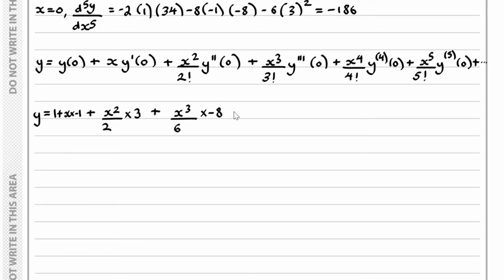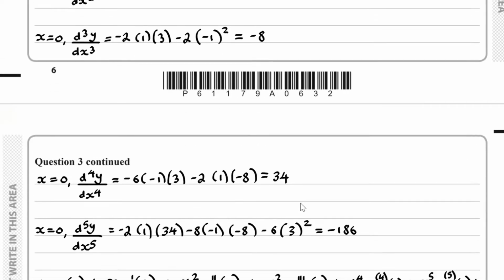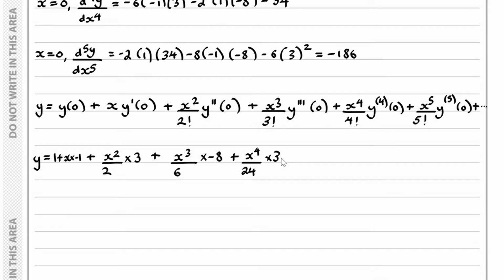Anyway, for the next one we have x to the 4 over 24, and then we multiply this by the fourth derivative at 0, which is 34, and then we have x to the 5 over 120 multiplied by the fifth derivative at 0, so that's minus 186. And then we have higher order terms. Don't forget to show those higher order terms.